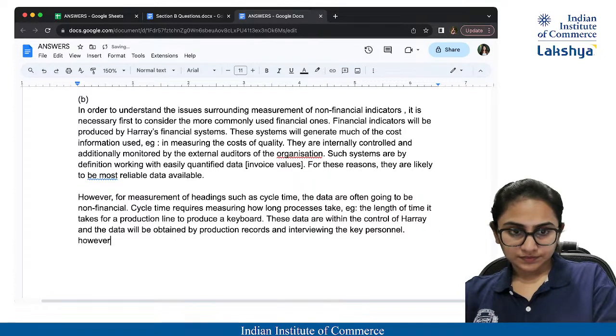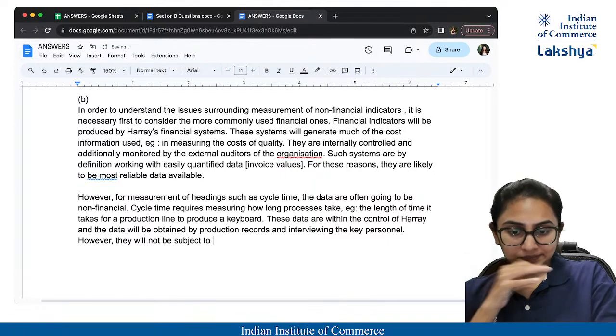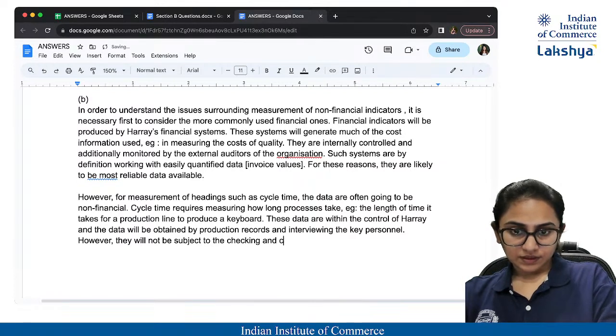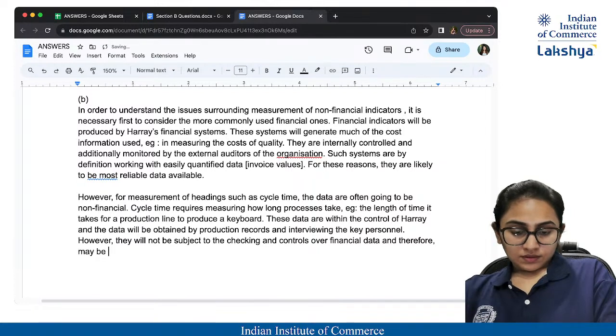However, they will not be subject to the checking and controls over financial data, and therefore may be more prone to error.